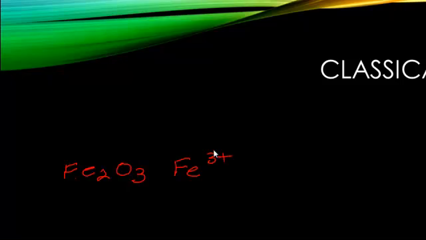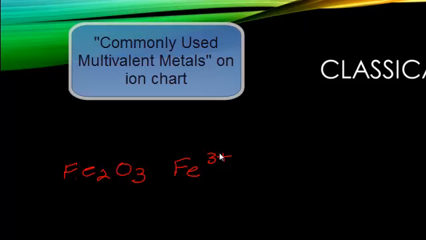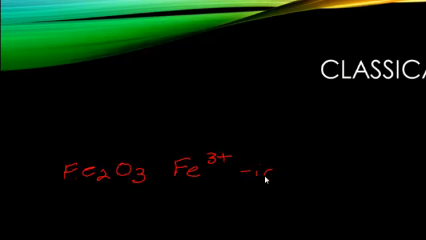What you need to do is look on your ion chart for Fe, whose name is ferrum. It says iron next to it. And the +3 has the suffix IC. So you're going to take the word ferrum, but change the UM to IC. So it's ferric oxide.